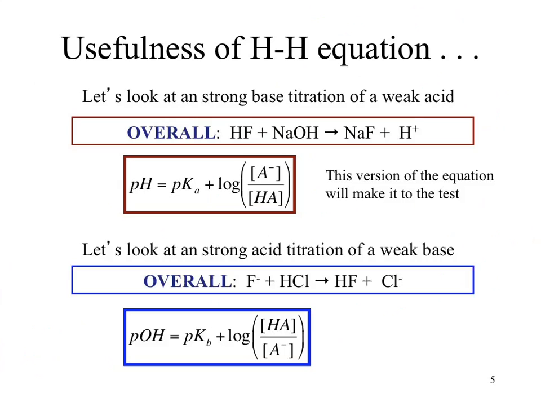Instead of a pKa, it becomes pKb, because it's a base. The solve is exactly the same. You'll notice a difference in the alignment of those 2 species, and that comes from the Kb or the Ka expression. You can solve that algebra to see that both of those equations hold true.